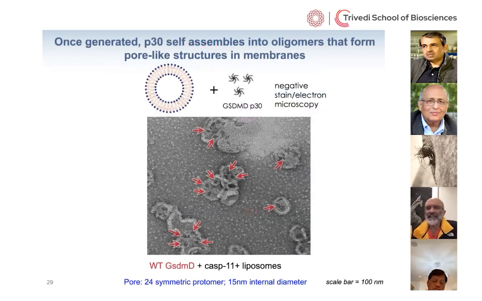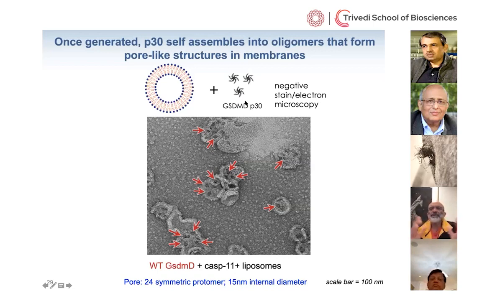We hypothesized, because the events were so rapid, that P30, once it's generated, must oligomerize and form pores in the membrane. And this is what collapses the electrochemical gradient, leading to the death of the cell. We were able to show that using liposomes and P30 protein.